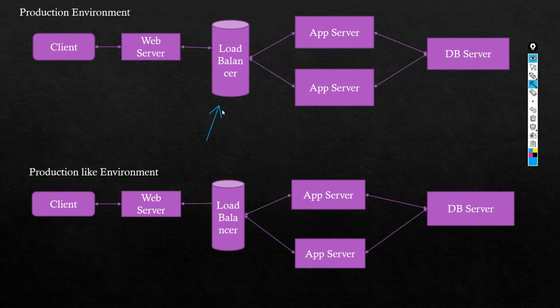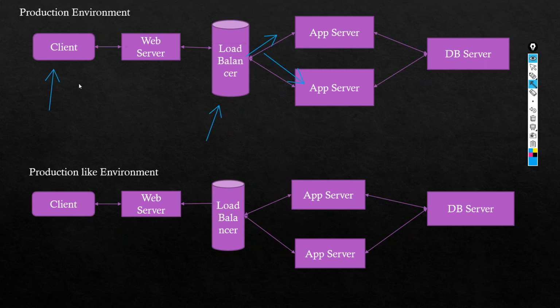What is this load balancer? A load balancer acts as an intermediary component that helps in diverting the traffic equally. For example, this is a client. What do you mean by client? We, the customers, hitting that application or using it from our laptops.